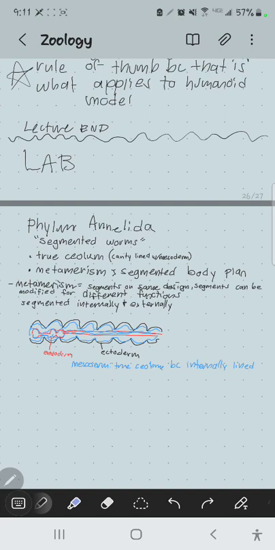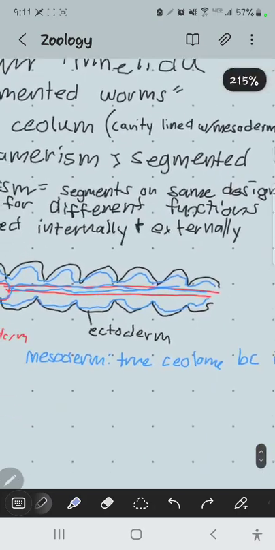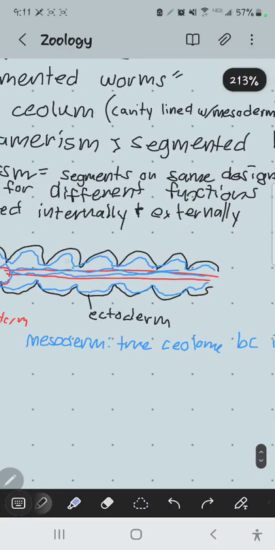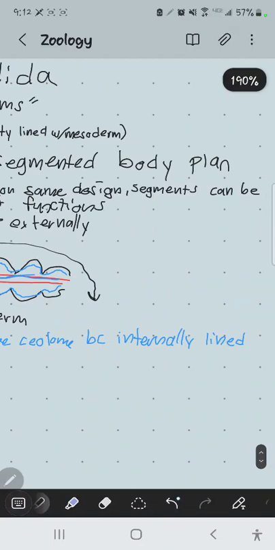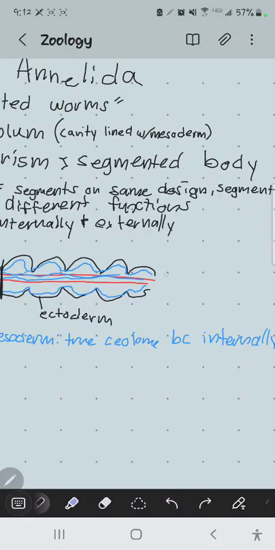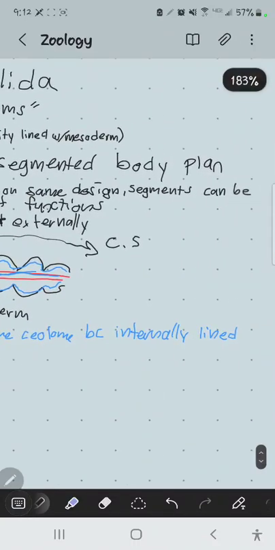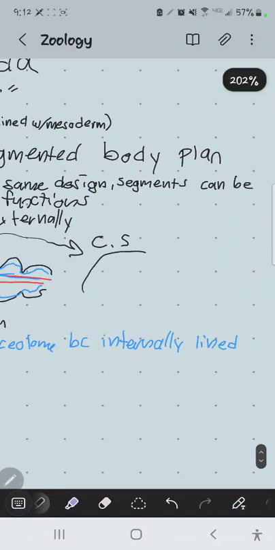If we did a cross section through here, look at our cross section, CS. This is what we're looking at for the cross section. So we have our ectoderm here. We have our endoderm. Let me show you how this looks here. Okay, so there's our endoderm.